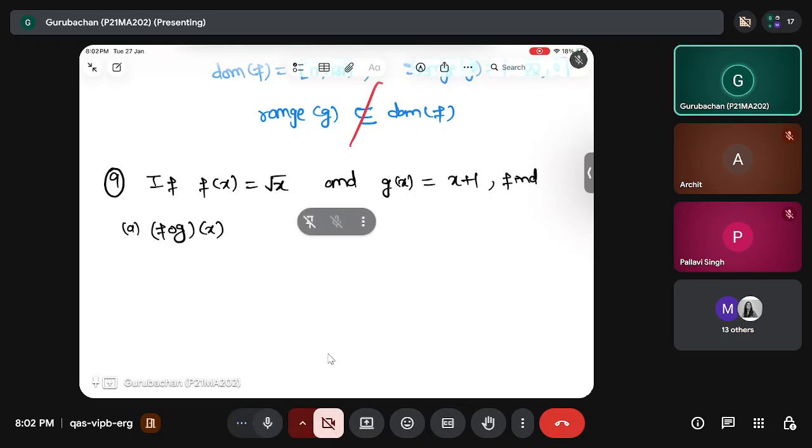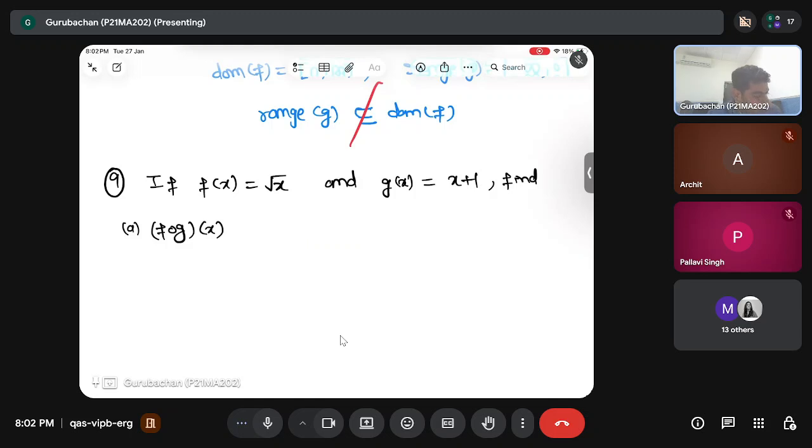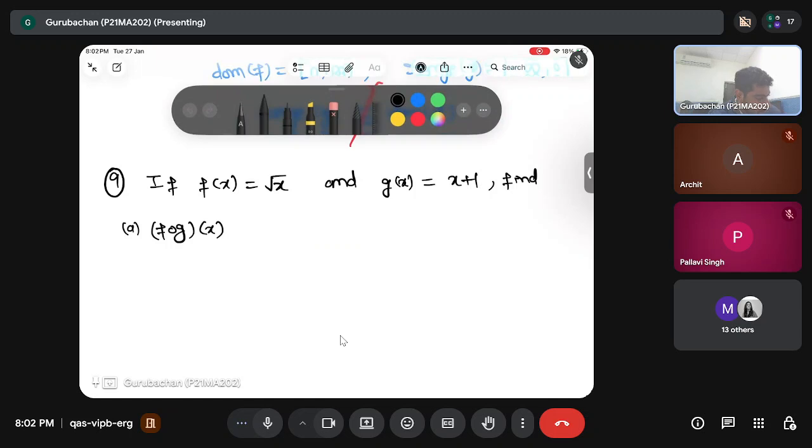Did anyone get the composition? Sir, under root x plus 1. Correct. And what is its valid domain for which it is defined? Sir, x will be greater than or equal to -1.